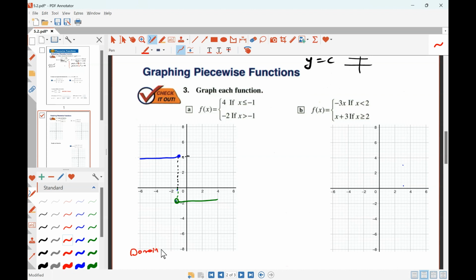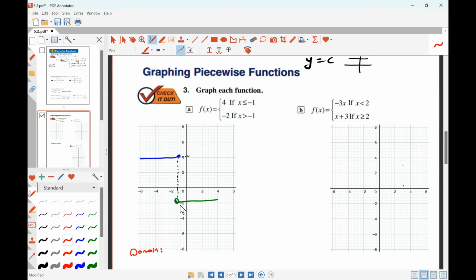So domain represents the possible x values. What are the possible x values? What is the smallest x value? Since this part of the graph is extending to the left, that part is extending to the right. So this part covers every number till -1. That part covers every x value bigger than -1.